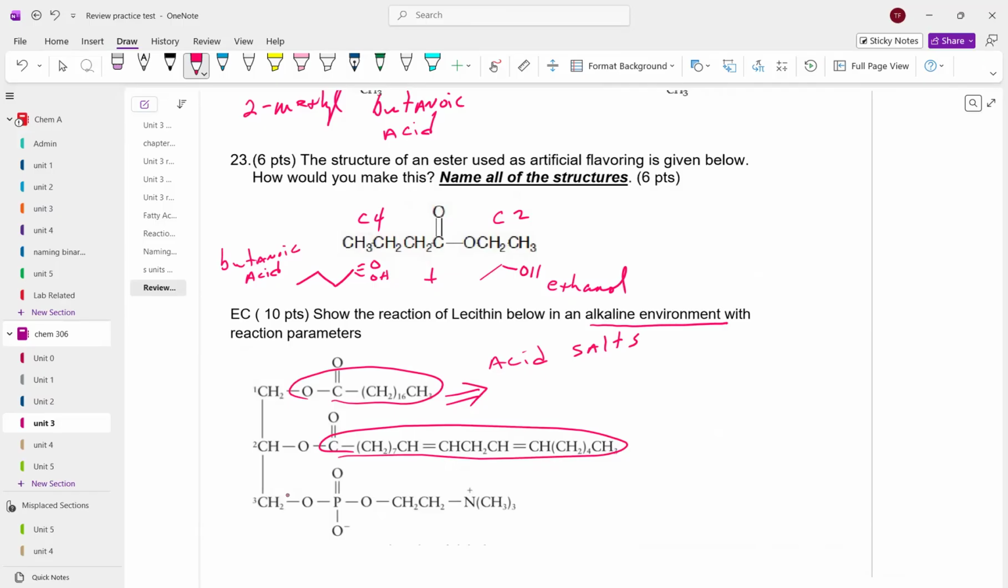Let's see, alkaline environment, sodium hydroxide. So these are going to be the sodium acid salts. So we're going to put a sodium here, sodium here. Down here, we're going to saponify. That's an ester here, and this is an ester.